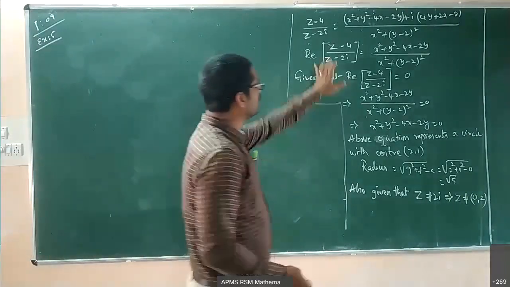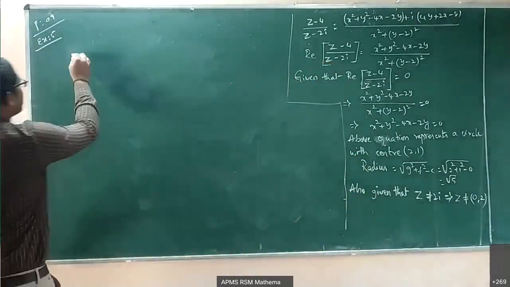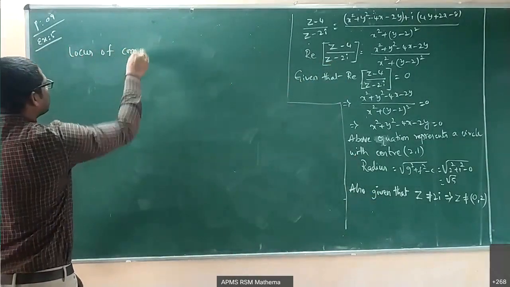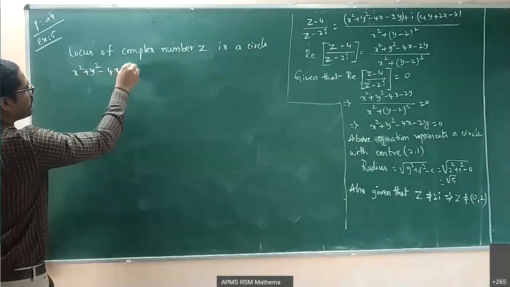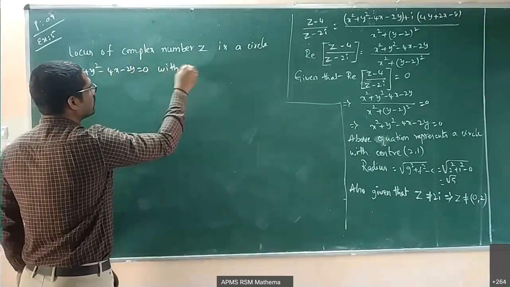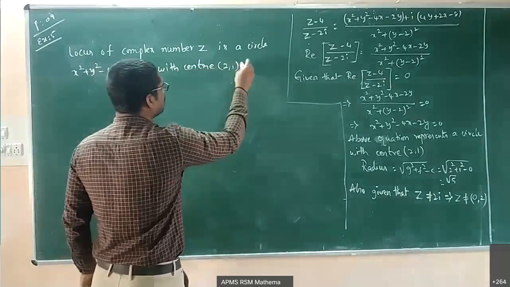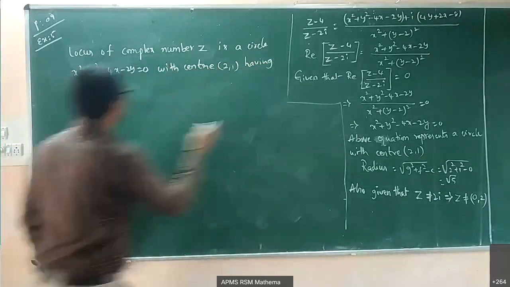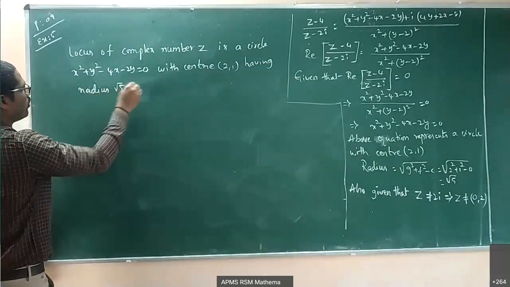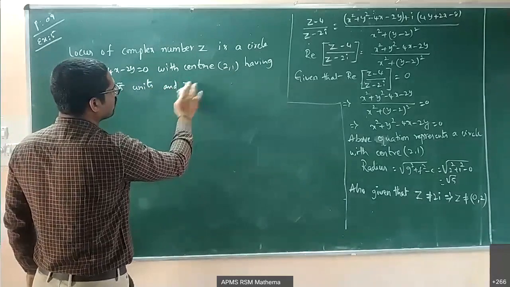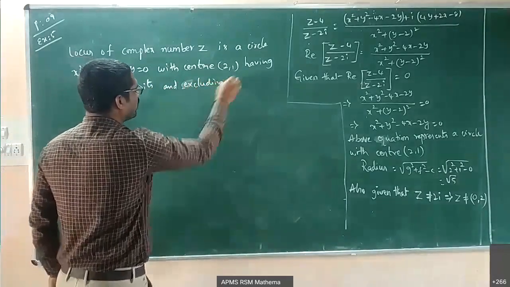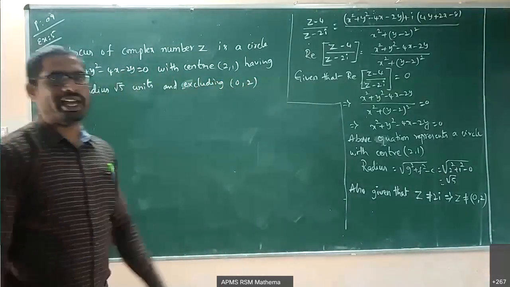So if I combine all these conditions, the locus of complex number Z is the circle x square plus y square minus 4x minus 2y equal to 0 with center (2, 1) having radius root 5 units, and Z excluding the point (0, 2) because Z cannot be 2i, which is this.